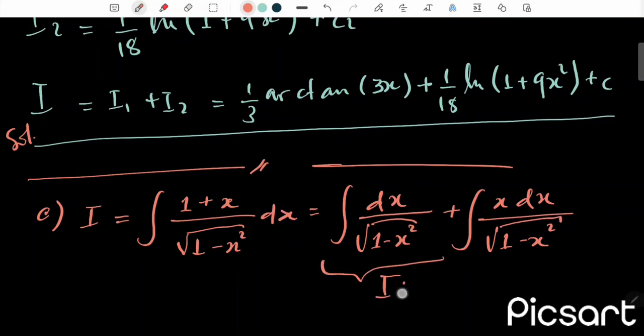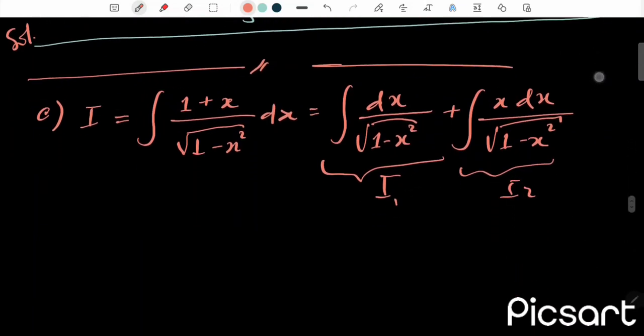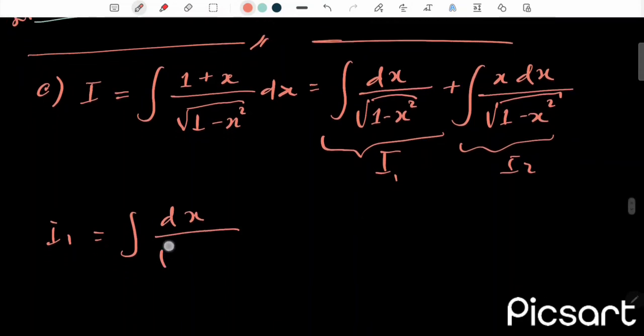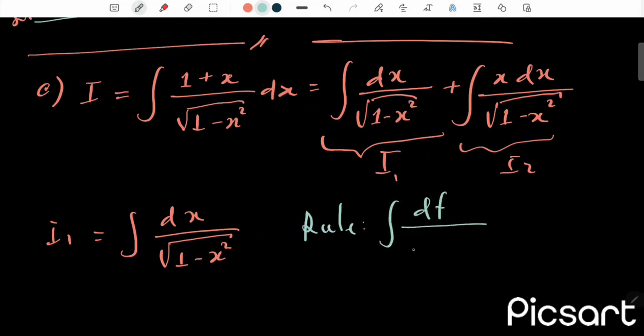Here we have I1 and here we have I2, so that I1 is equal to the integral of dx over the square root of 1 minus x squared. Here we can directly solve this integral using the following rule: the integral of df over the square root of 1 minus f squared is equal to arcsine of f plus c.